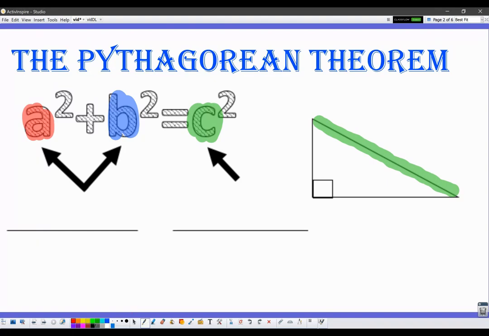So here, underneath the C, I will write hypotenuse. And the hypotenuse is defined as the longest side on a right triangle.